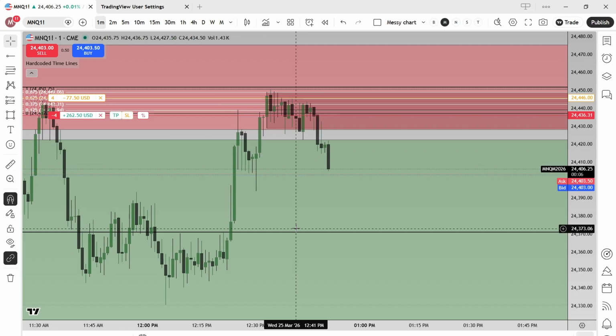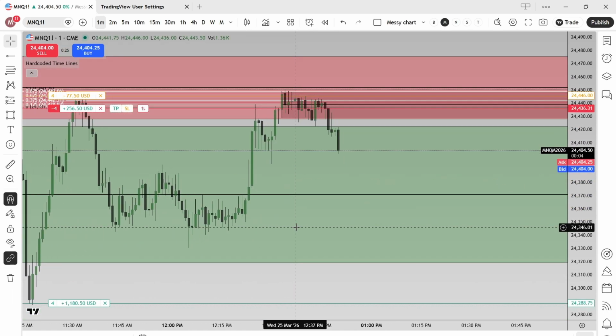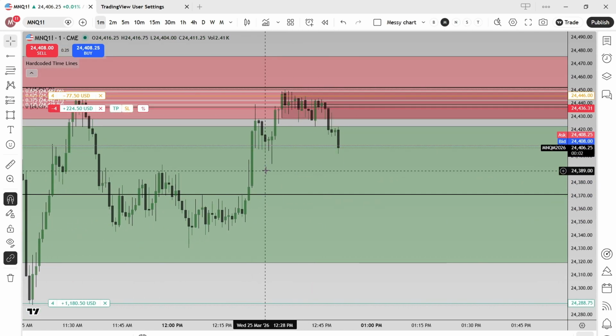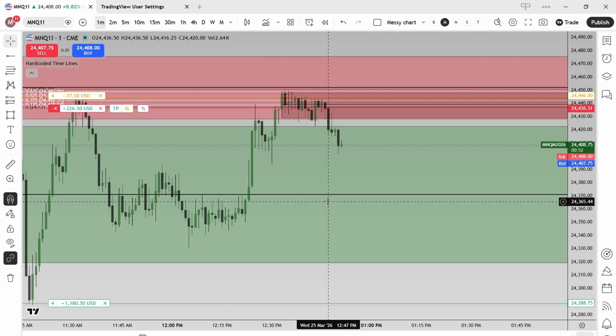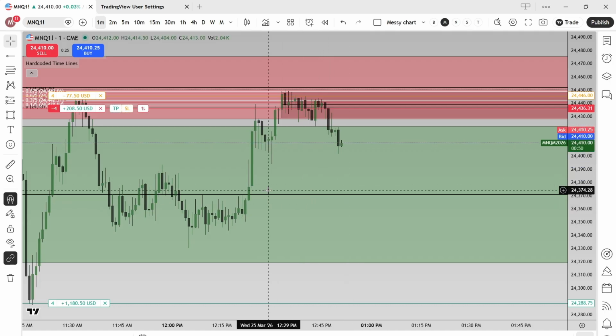I find there's really smooth price action during this area after a sweep. So I don't think we'll see a lot of deep retracements or anything.